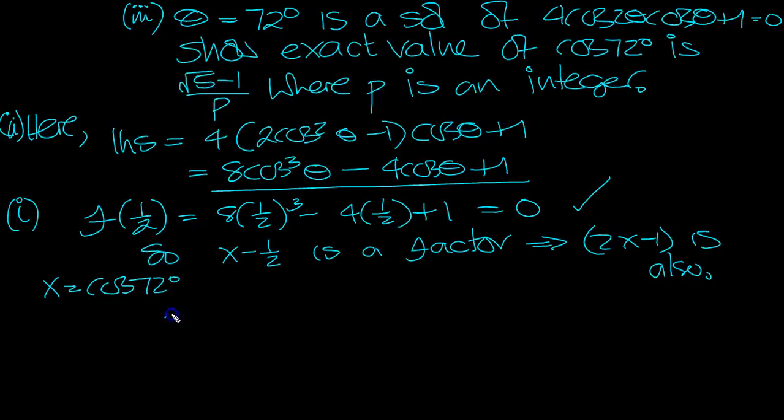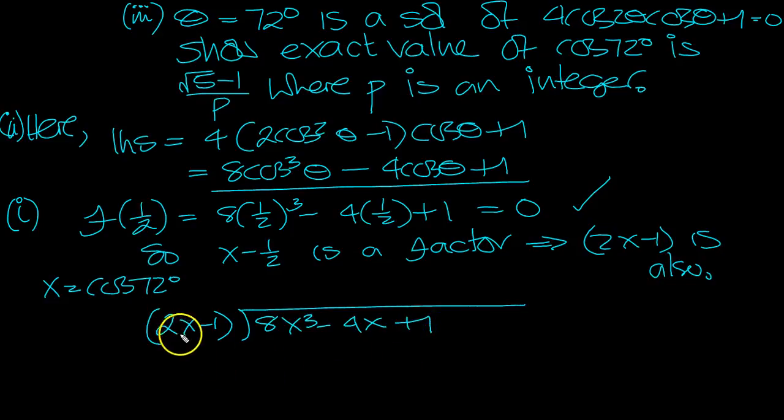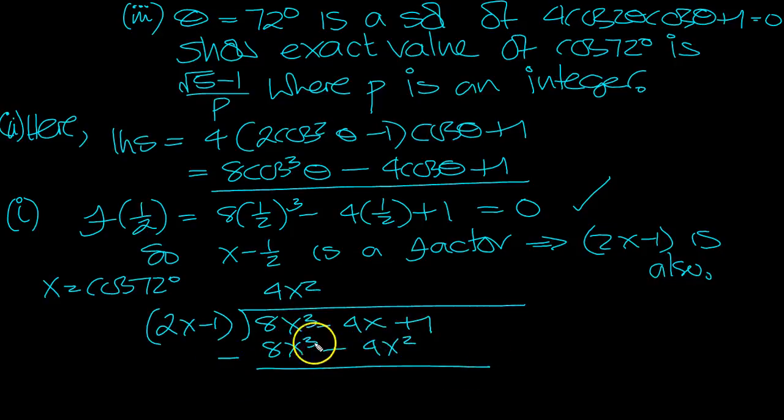So here we've got 2x minus 1 divided into the cubic. And we'll see what the quadratic comes out as. Get 8x cubed. Take them away. And then we get 4x squared, put it there, minus the 4x plus 1.